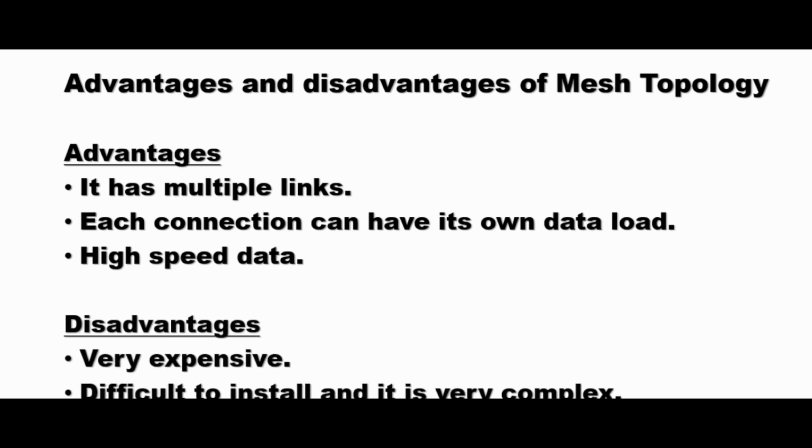The disadvantages: it is very expensive, difficult to install, and complex to configure. In this topology, people from the IT field or computer-related field are needed to solve the complexity of the topology. So at the end we will conclude our session.